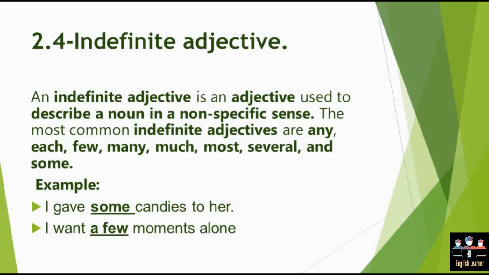Example number 1: I gave some candies to her. Now in this sentence, candies is a noun and some is an indefinite adjective because we don't know how many candies I have given to her. In second example, I want a few moments alone. Here, moments is the noun, whereas a few is indicating an indefinite or non-specific sense.